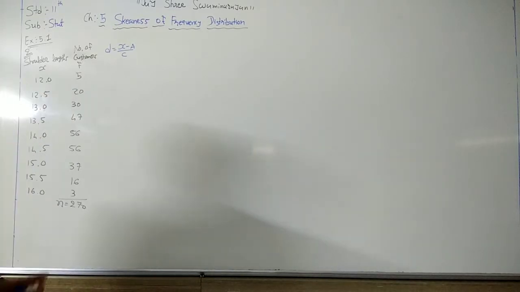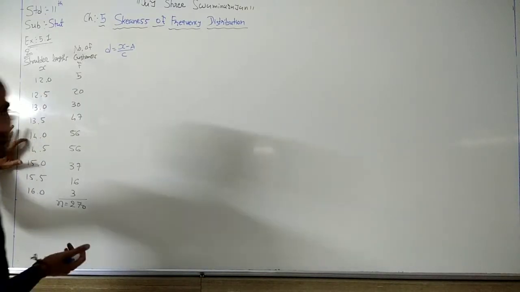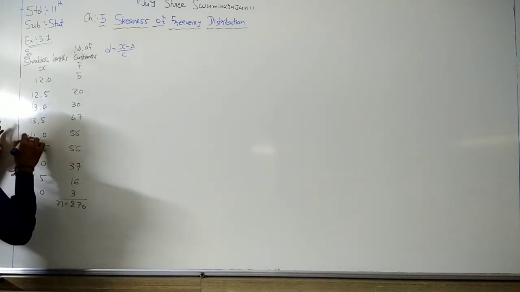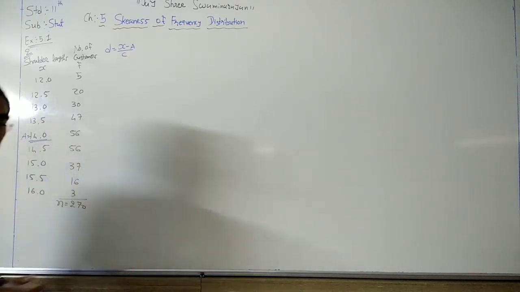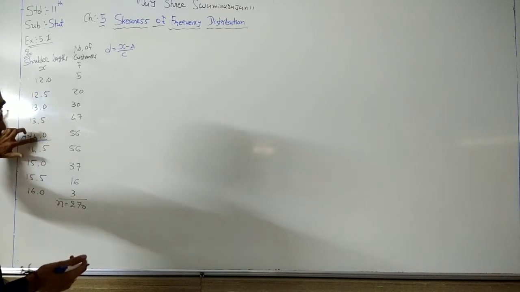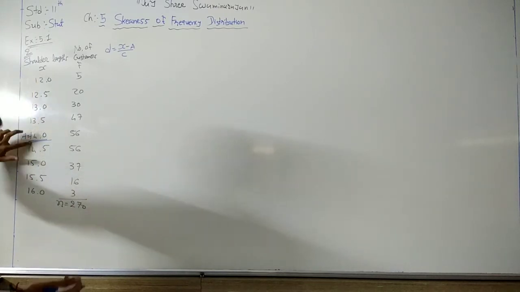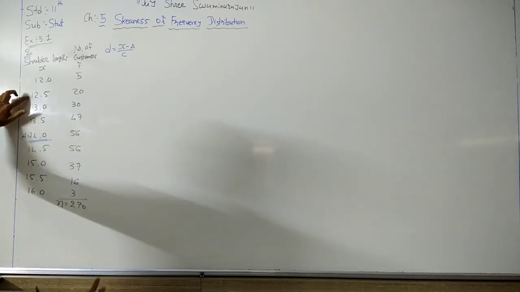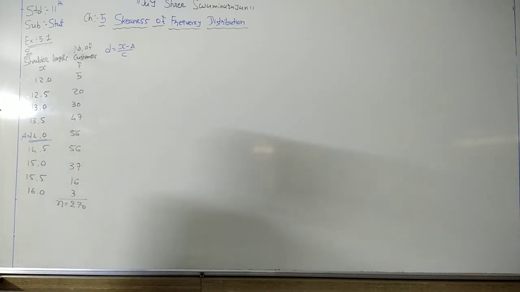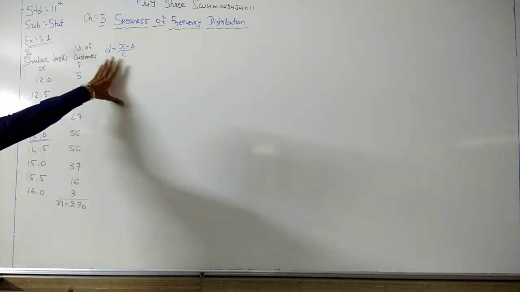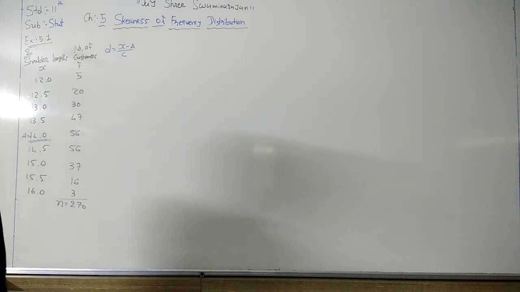Because if we assume our assumed mean A is equal to 14, now subtract 12 from 14. 12 minus 14 is minus 2. But 12.5 minus 14 is in decimal point, right? And if we want to remove this decimal point, then we need to use the concept of C, that means step deviation.